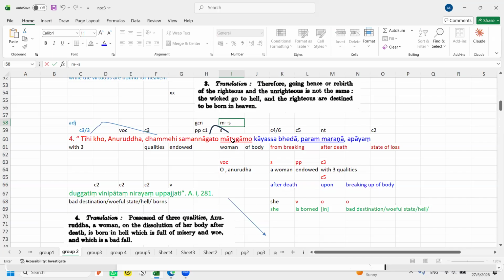This is a subject. Okay, subject. That means a woman. Can you see this one is a PPP? That means this is a GCN. A woman endowed. Okay, endowed. Then these two are extensions lah. Endowed with three qualities. This is extension. Okay. Woman endowed with three qualities. Okay.